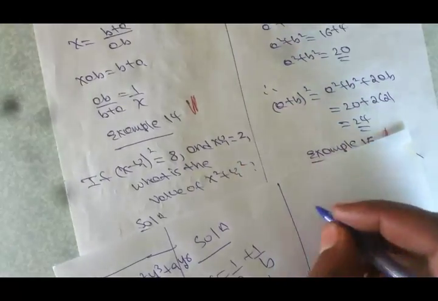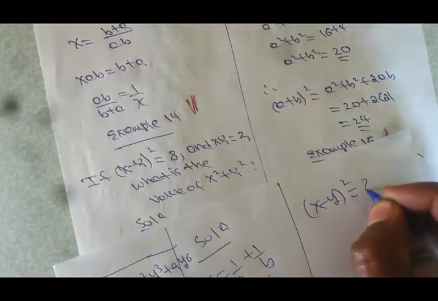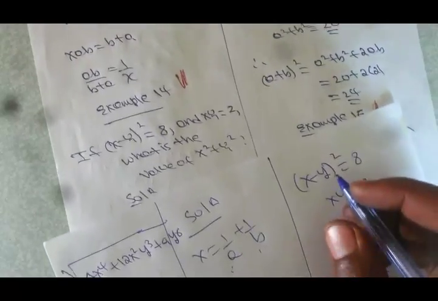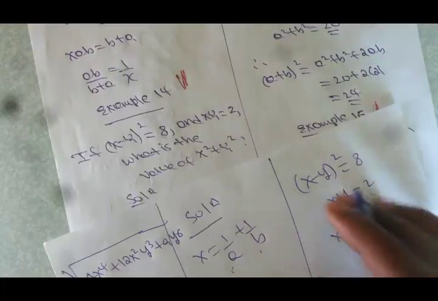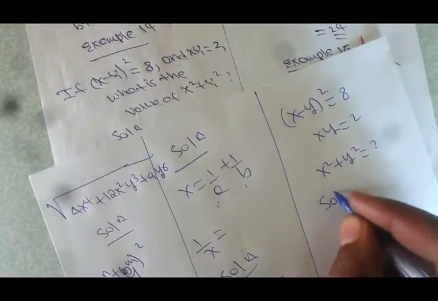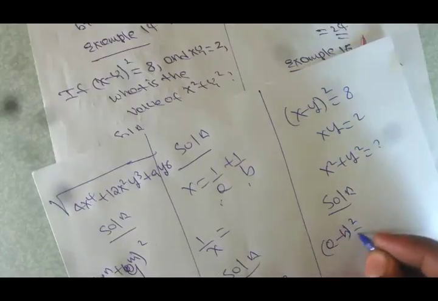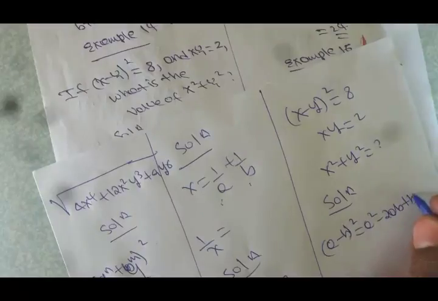Example 40 is given. x minus y the whole squared is 8 and xy is given, and we are asked to find x squared plus y squared. Solution. We know that a minus b the whole squared is equal to a squared minus 2ab plus b squared.